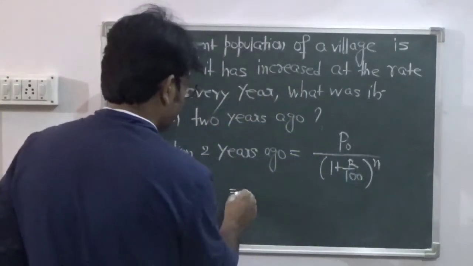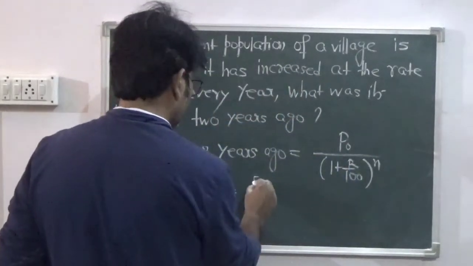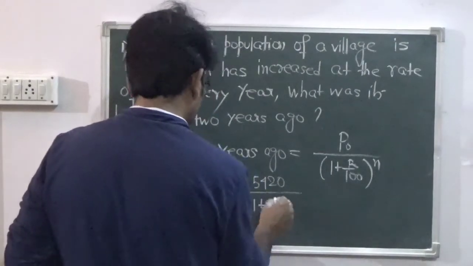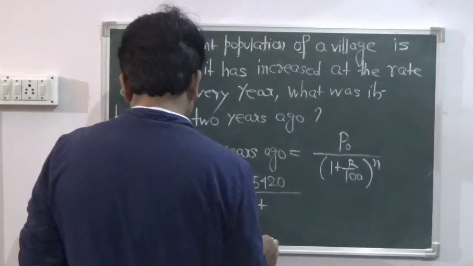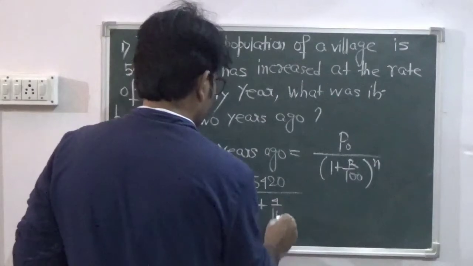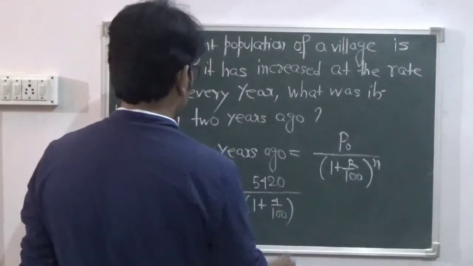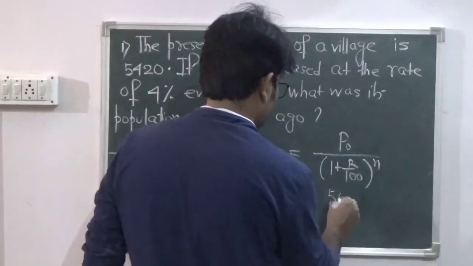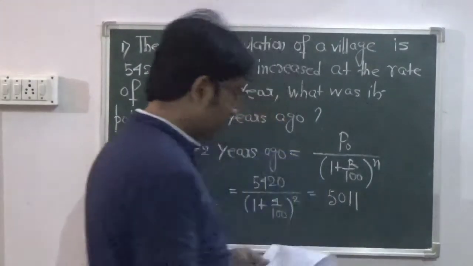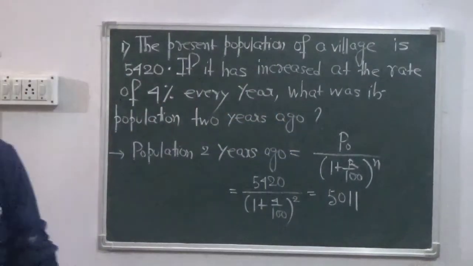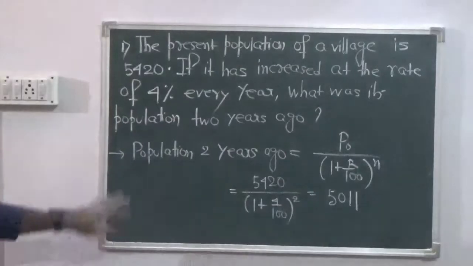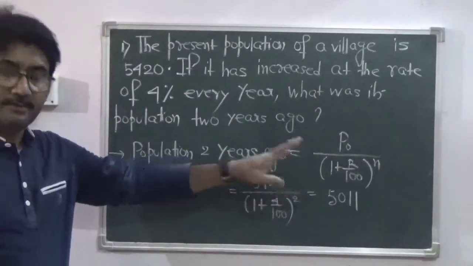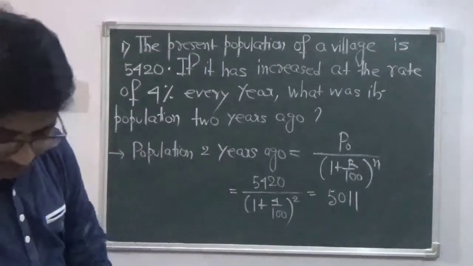So P0 is 5420 divided by 1 plus the rate given, 4%, so 4 by 100, power 2 as it is 2 years ago. If you solve this, you get 5011. So this is your population 2 years ago.